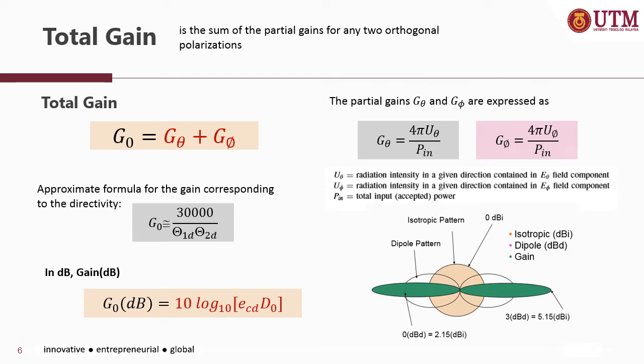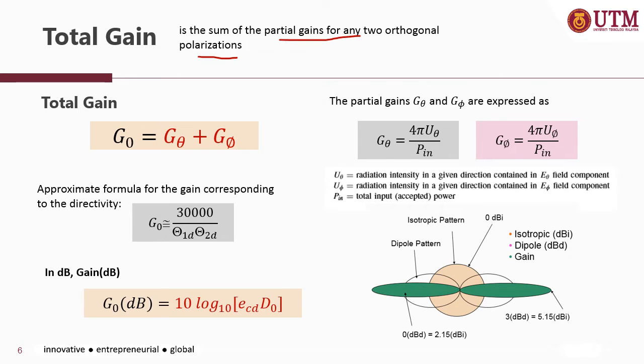Okay, in many practical antennas, the total gain can be approximated, in which the total gain G naught is equal to G theta plus G phi, the sum of the partial gains for any two orthogonal polarizations. We are going to discuss polarization later on.